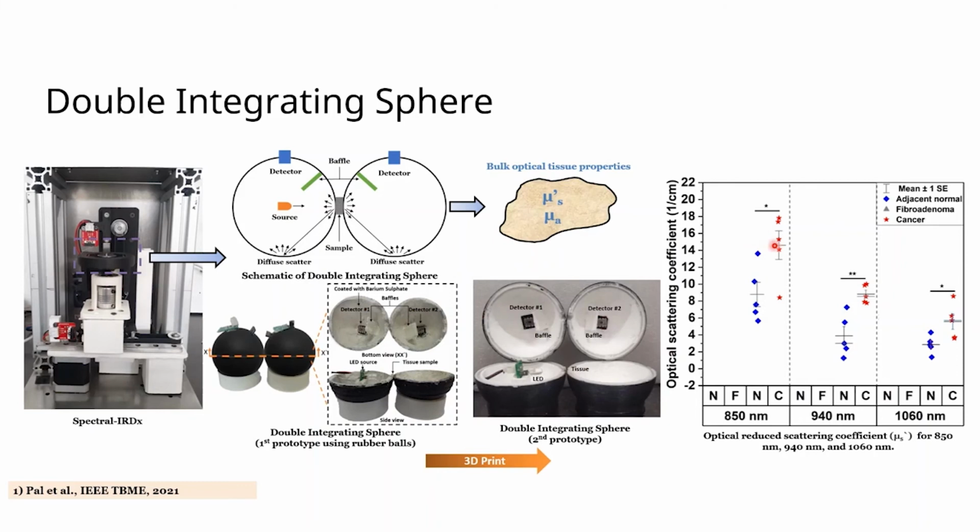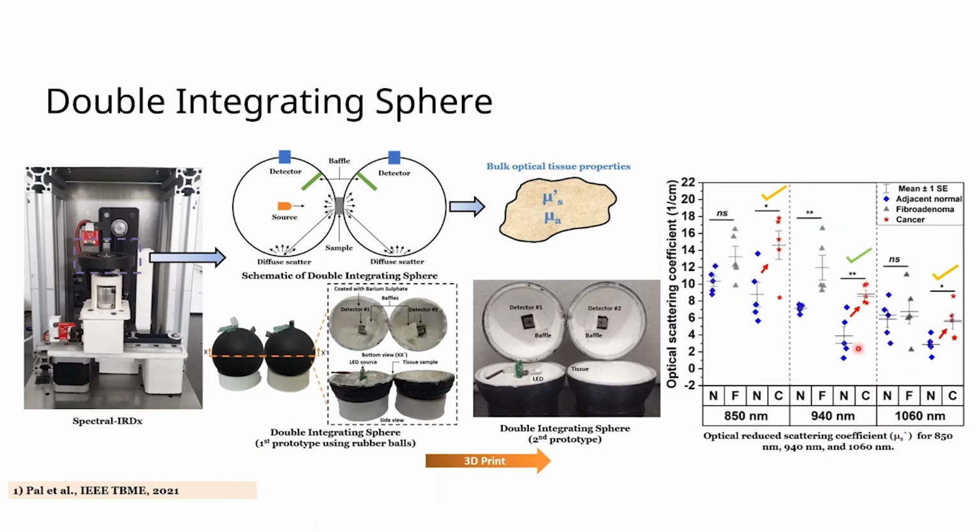What we observe is that the red points that you see over here are for the cancer and the blue ones are for the normal. We observe that the cancerous tissues had a higher scattering coefficient as compared to normal at all three wavelengths, 850, 940 as well as 1060 nanometers, and the difference of scattering coefficient between normal and cancer was found to be statistically significant, especially at 940 nanometers.